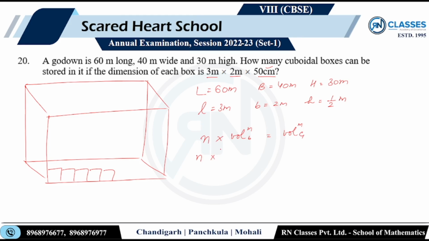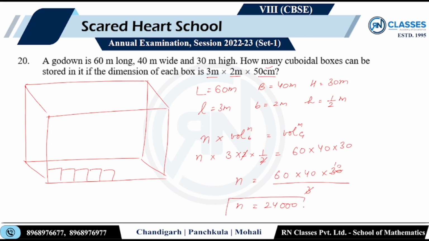So n into LBH, अब LBH नहीं लिख रहा हूँ, 3 into 2 into 1 by 2 मैं डायरेक्टली लिख रहा हूँ। Of course you can write the formula yourself, ठीक है, छोटे छोटे काम खुद करो। I'm just giving you a hint so that your answer might not go straight, right? 60 into 40 into 30, 2 हम ऑलरेडी काट चुके हैं, 3 नीचे आ गया, 3 10s are 6 4s are 24, so that would become 24,000 boxes can be stored in the godown, right?